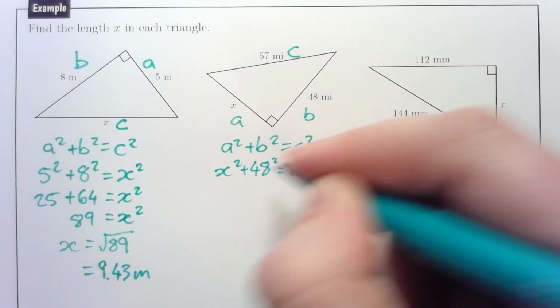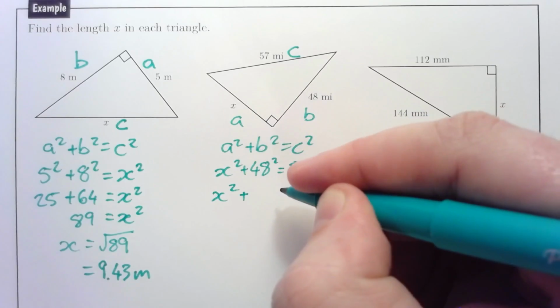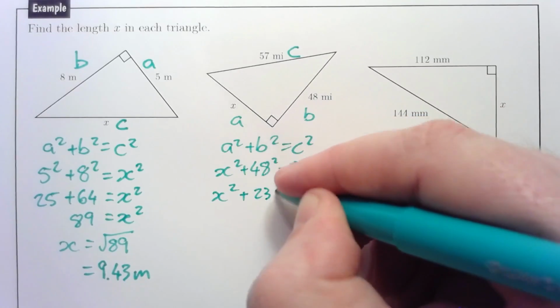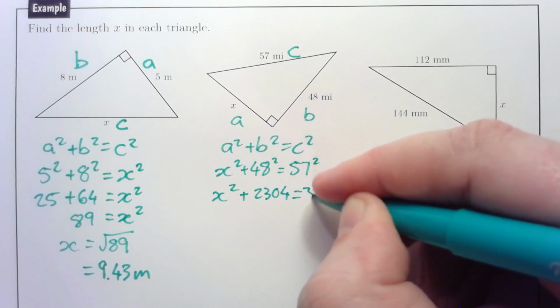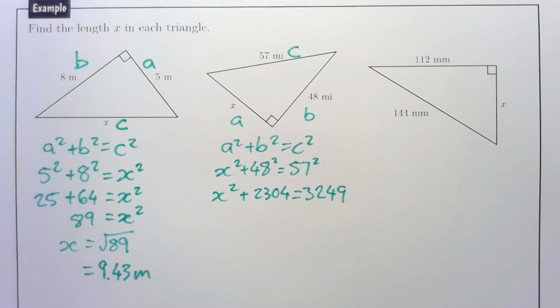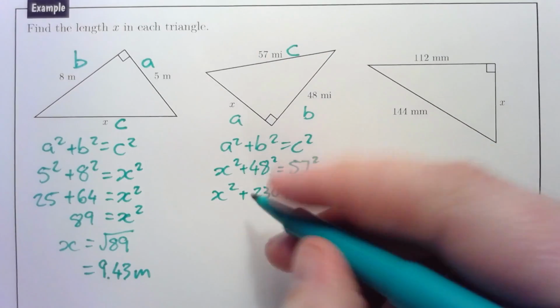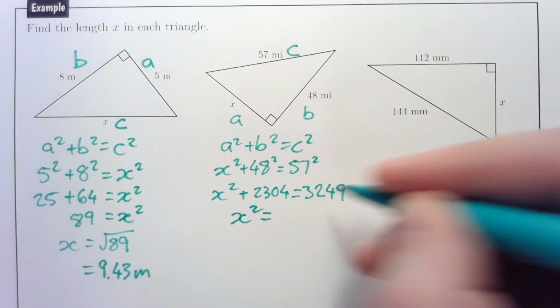Now we can evaluate both of these squares, not the x squared, but 48 squared is 2,304, and 57 squared is 3,249. Now to work out x squared, we'll need to subtract 2,304 from both sides.